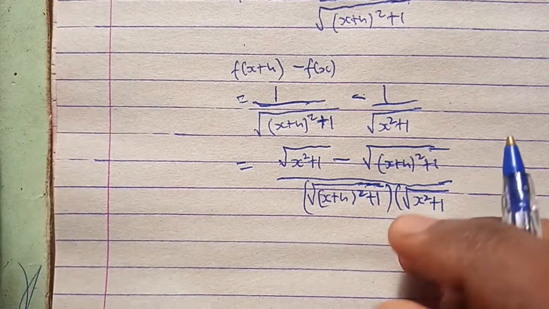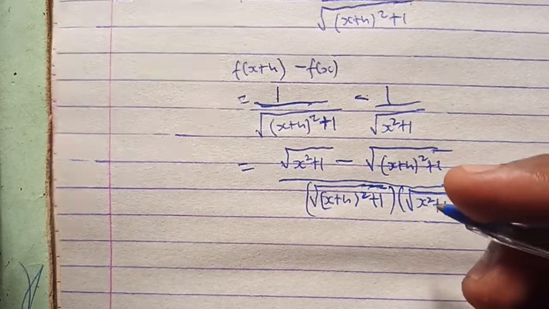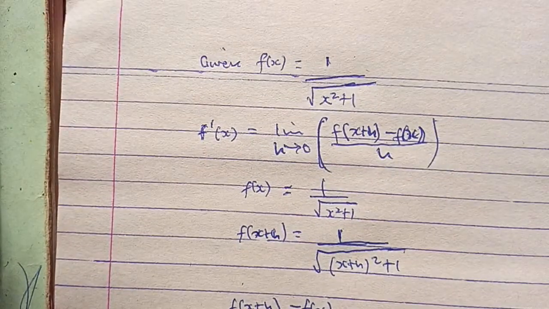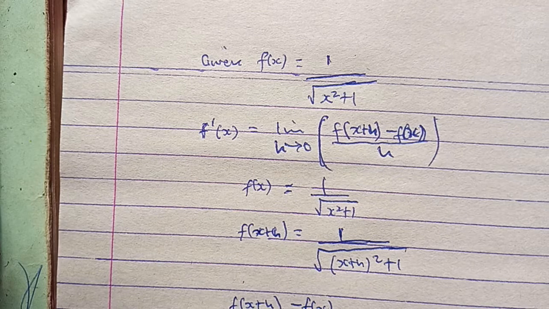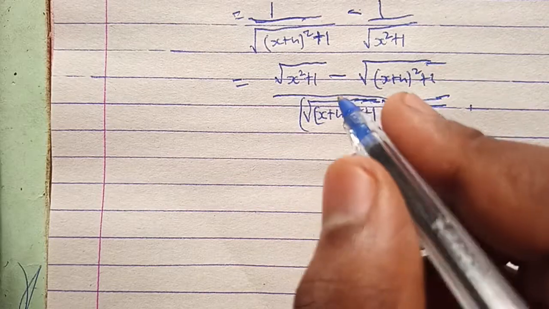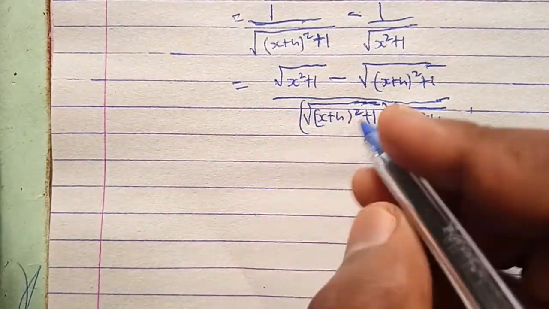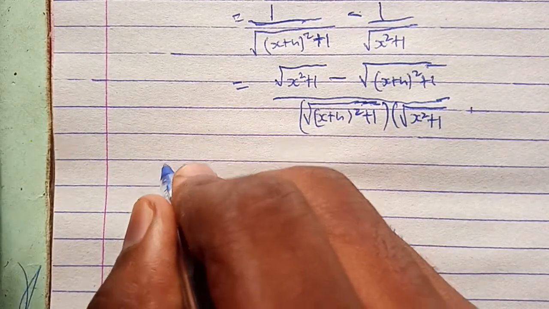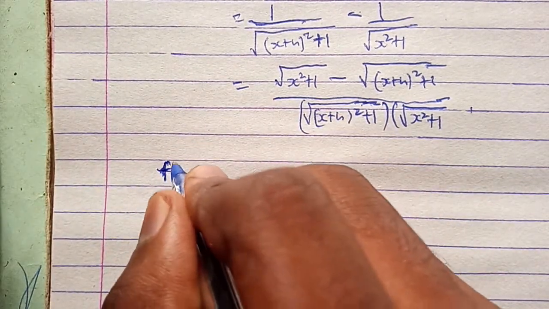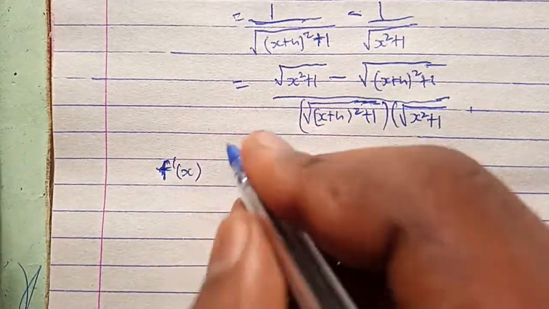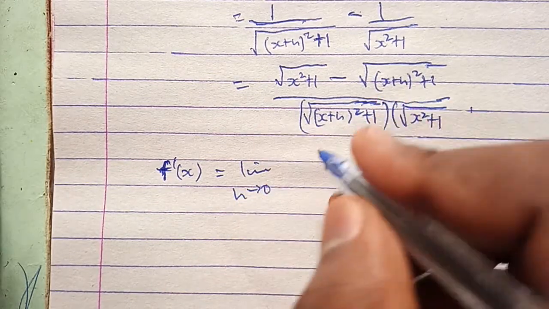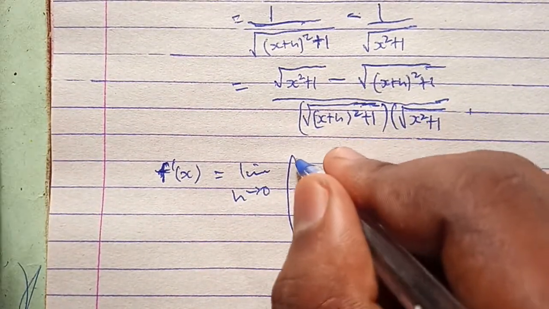So after getting our f of the expression x plus h minus f of x, we simply put it into the first principles equation. So in doing so, we will now have our equation containing the expressions as f prime of x equals limit as h approaches 0 of the whole of this.